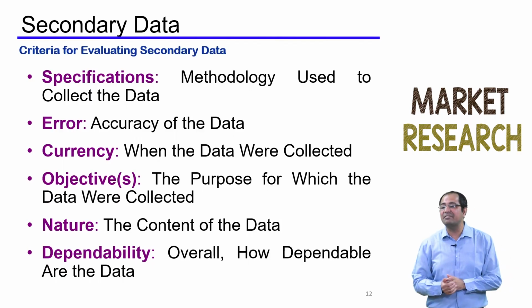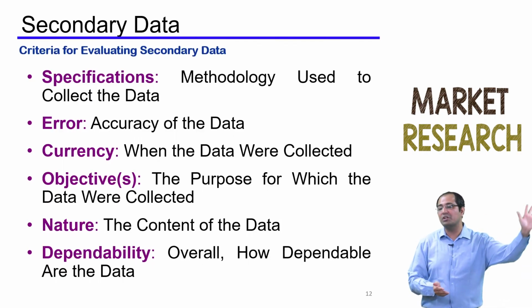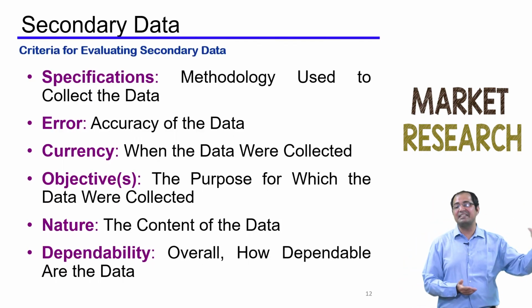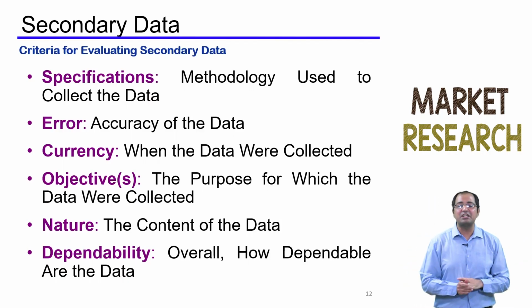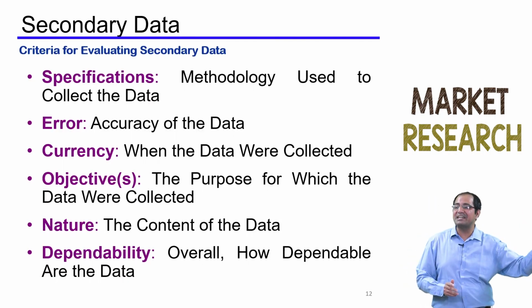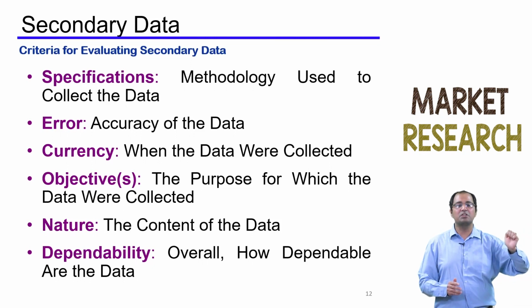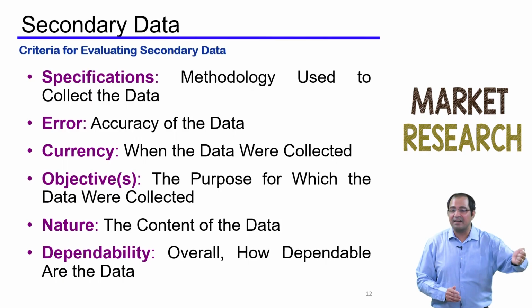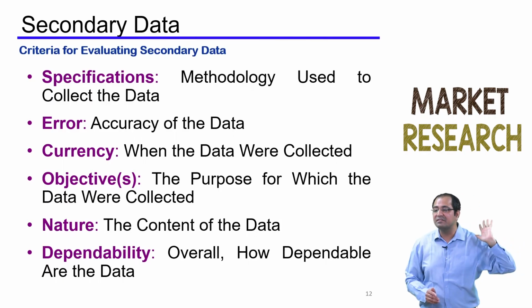Next one is objective. For what objective was the secondary data collected? So let's say when the secondary data was collected, it was aggregate retail data about the movement of different brands.